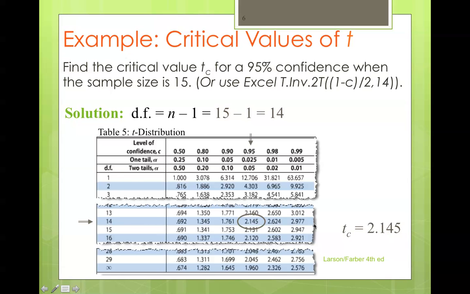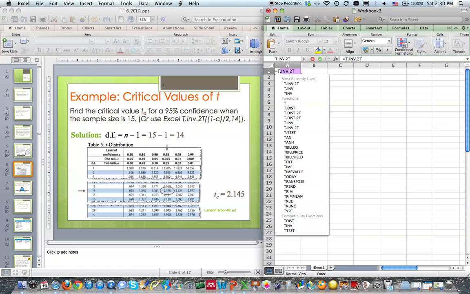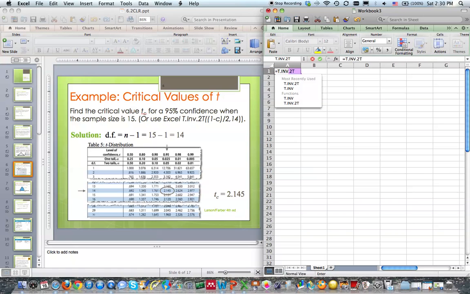Now if you want to use Excel, I have the function right there for you. You would type in equals t.inv.2t, because it's a two-tailed test, which is all we've seen so far, which just means it has both of those spots on the right and the left side of the curve. So the 95% happens in the middle.